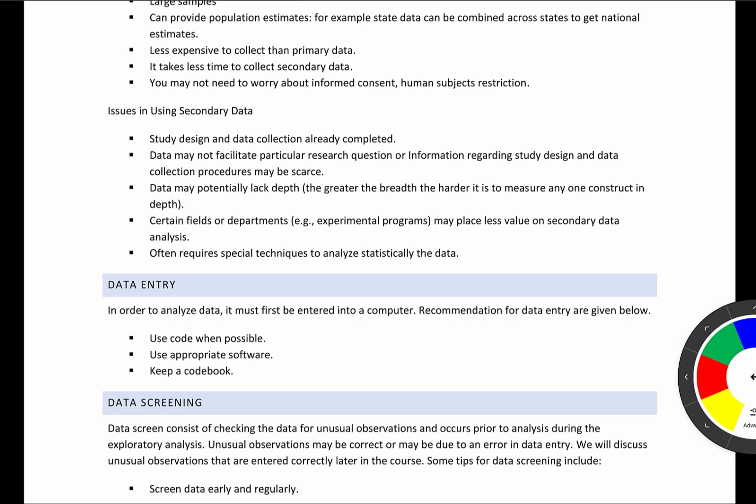Certain fields or departments may place less value on secondary data analysis, and they often require special techniques to analyze the data statistically. And this comes from the fact that there may be some data quality issues, or it may be that you didn't get to directly examine the variable you're interested in, so you're having to look at another variable as a proxy for the one that you're interested in. And so for a variety of reasons, you might need some special techniques.